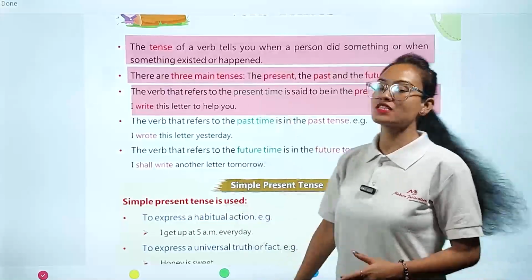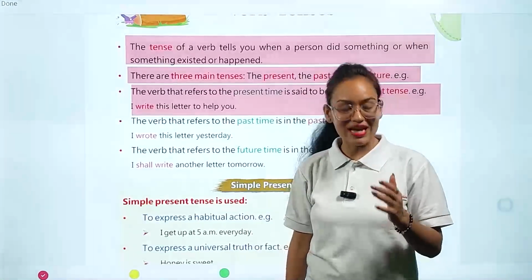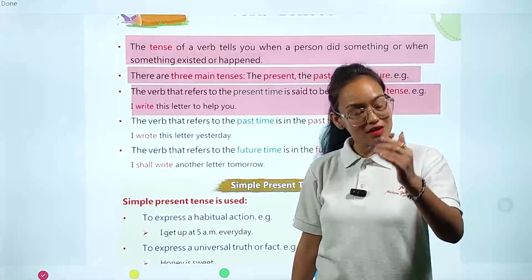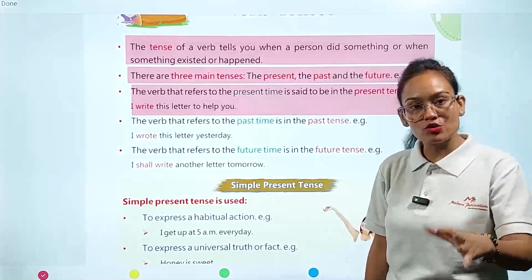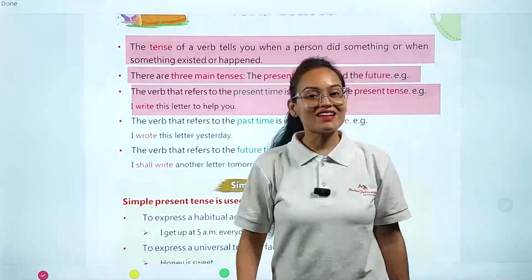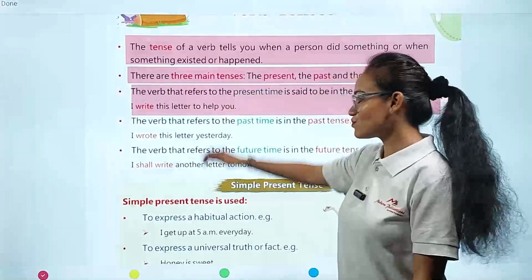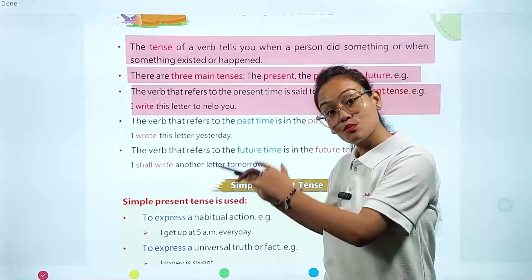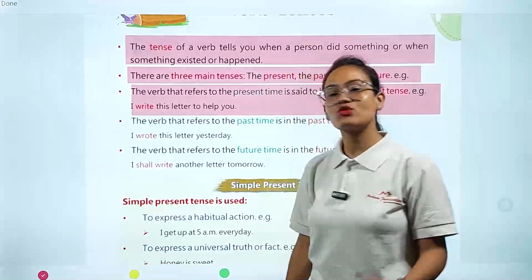So present tense means the action which is performed by you right at this moment. Like I'm teaching you right now, I'm taking your classes. It means I'm performing an action in the present form of tense. Example, you can say I write this letter to help you.